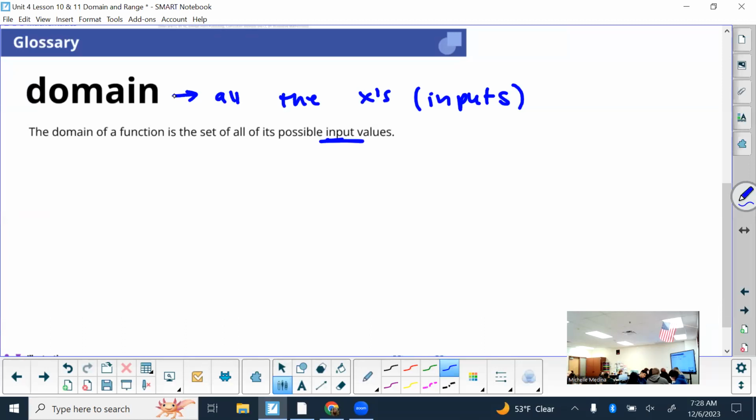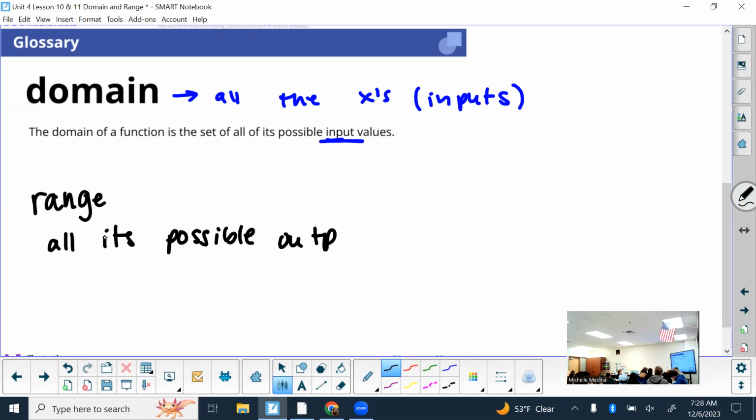And then range is on a different page. I don't want to flip because I know some people are writing. So I'll just summarize it for you. The range of a function is the set of all its possible output values. What else do we call outputs?